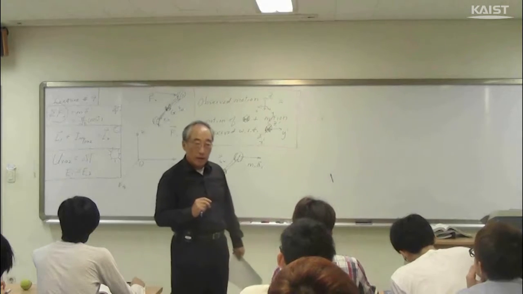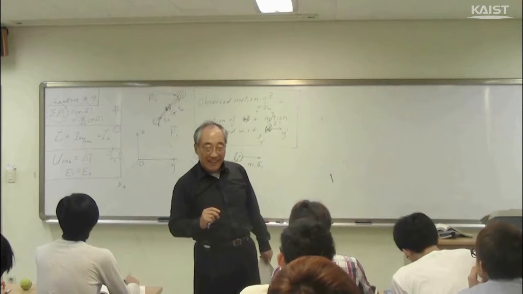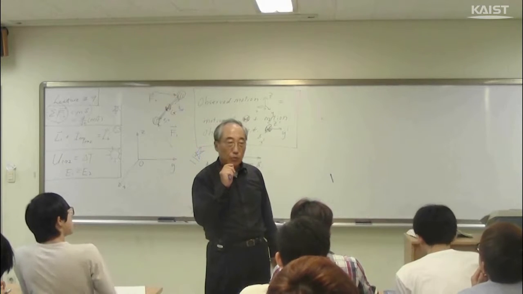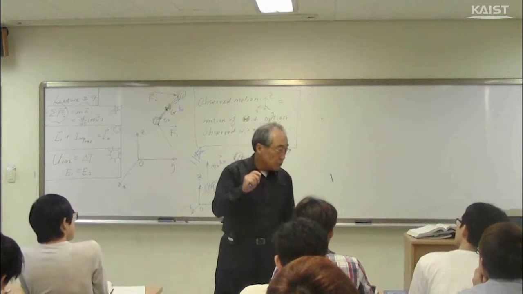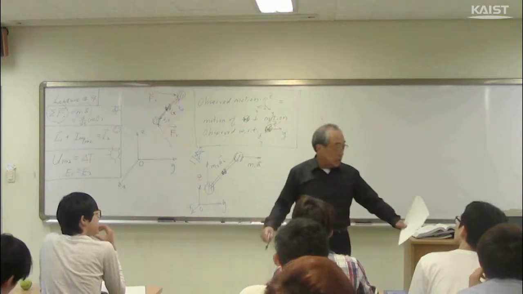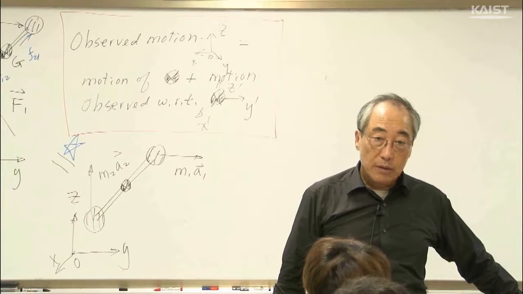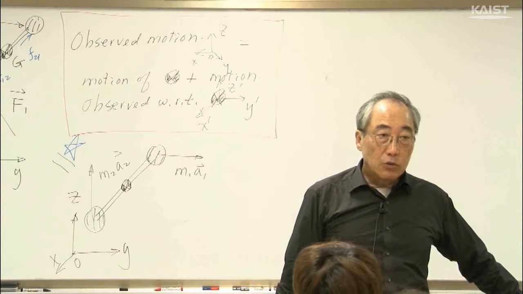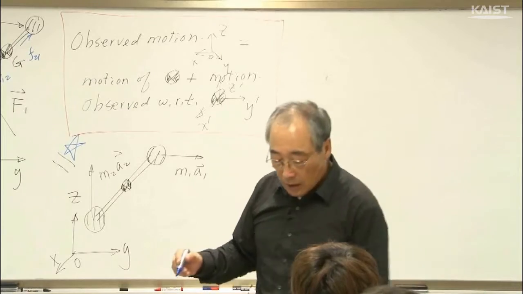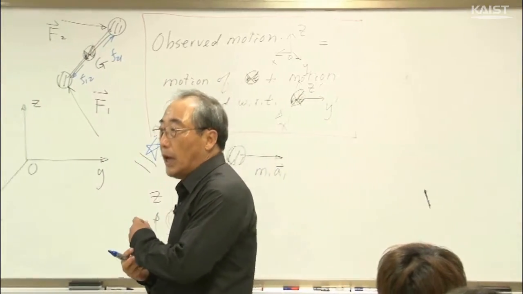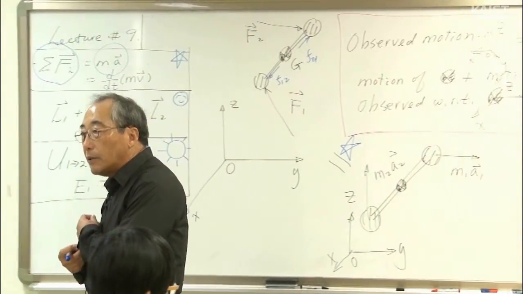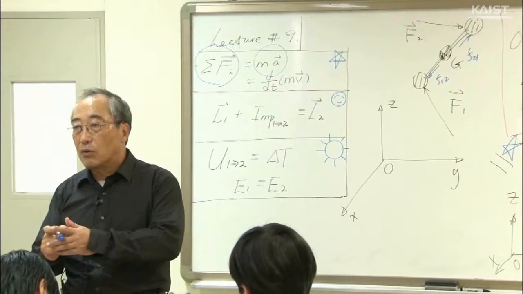Okay? That is a very important message. You are not supposed to make any dangerous, unreasonable assumption that you are not sure about. Then you just say there is some force acting on the particle of interest that you are going to apply.